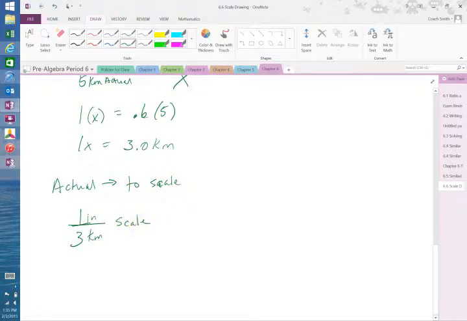So now what they're saying is, okay, I've got something that's 90 kilometers in actual distance, and I want to know what it is on the scale.